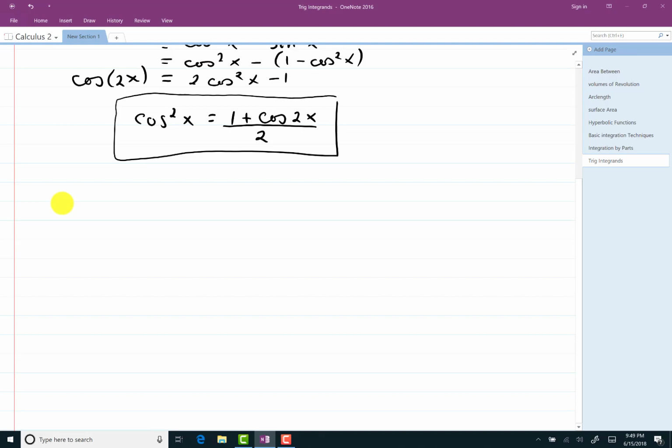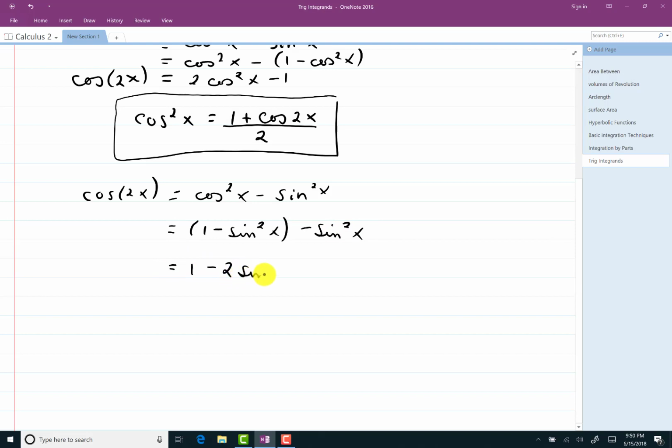You would have, let's go back, cosine of 2x was equal to cosine squared of x minus sine squared of x. Instead, in place of cosine squared, I could put 1 minus sine squared of x, minus sine squared of x. And so I get 1 minus 2 sine squared of x.